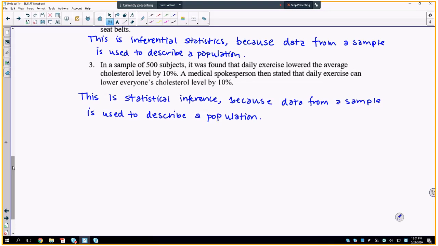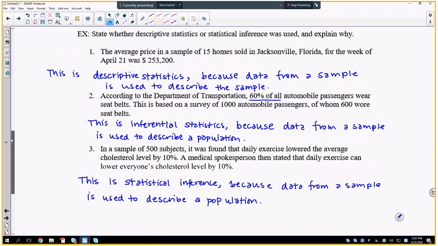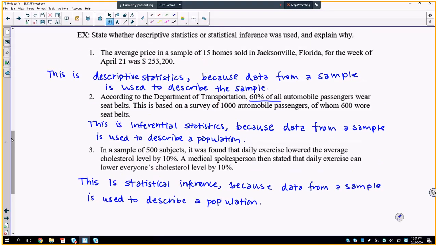That's where measuring our reliability and our confidence comes in, which we'll get to much later in the course, but we just need to understand the difference between descriptive statistics, like in example 1, where we collected a measurement and used that data just to talk about the sample, versus inferential statistics, where we collected a measurement and then used that data to extrapolate into what might be true for everyone or everything.